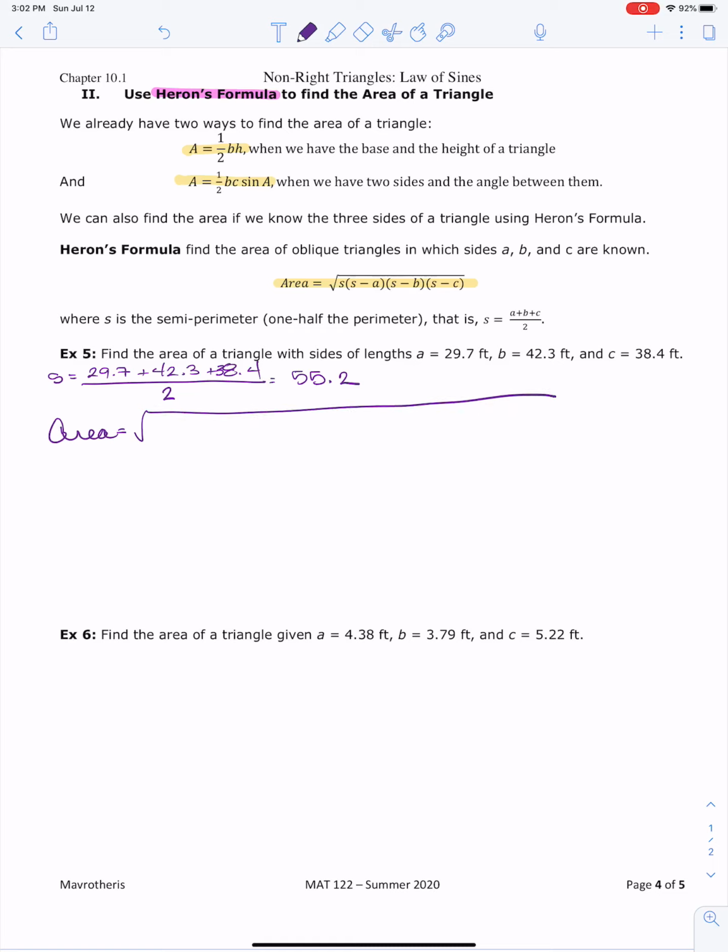So now we're just going to plug and chug in the area. You really could do this in one fell swoop on your calculator. I'm going to write it out real quick just so we know where everything is coming from. 29.7, 55.2 minus 42.3, and 55.2 minus 38.4.